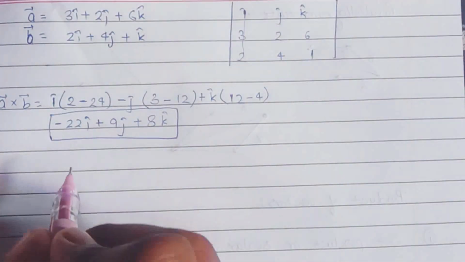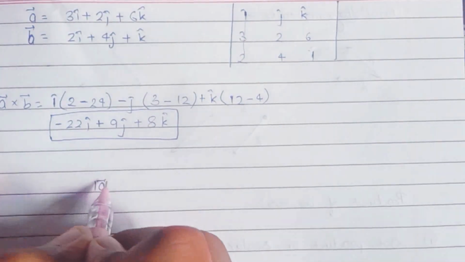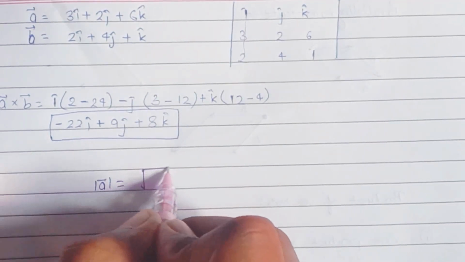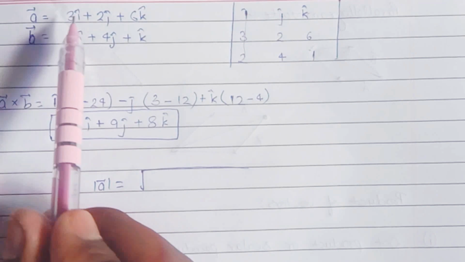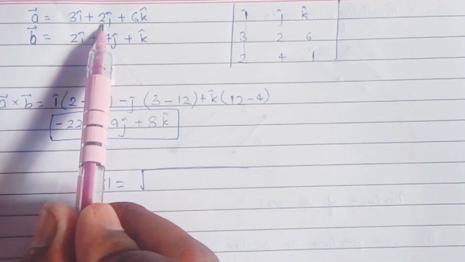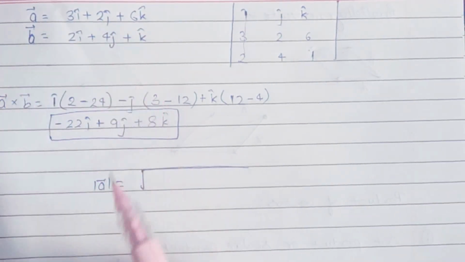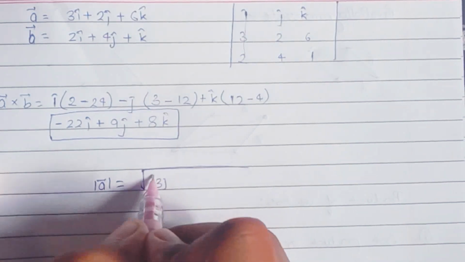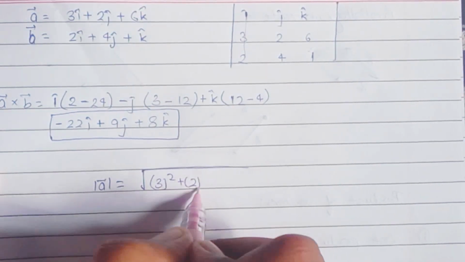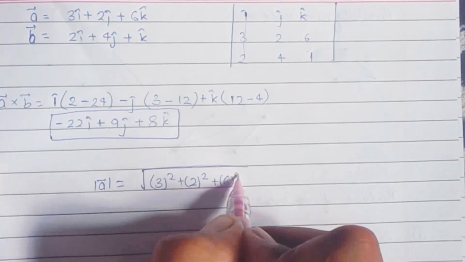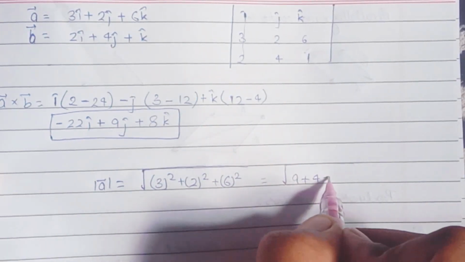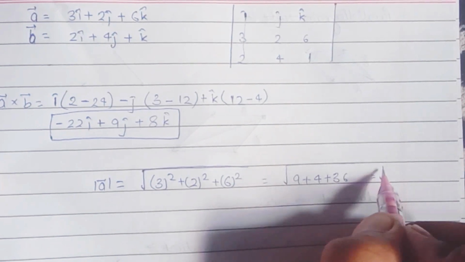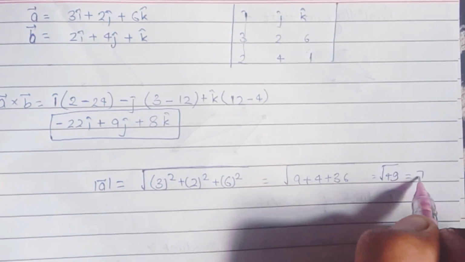And if you want to find the mod of a vector, then it will be equal to root under coefficient of i square plus coefficient of j square plus coefficient of k square, that is 3 square plus 2 square plus 6 square, that is root under 9 plus 4 plus 36, that is root 49, that is 7.